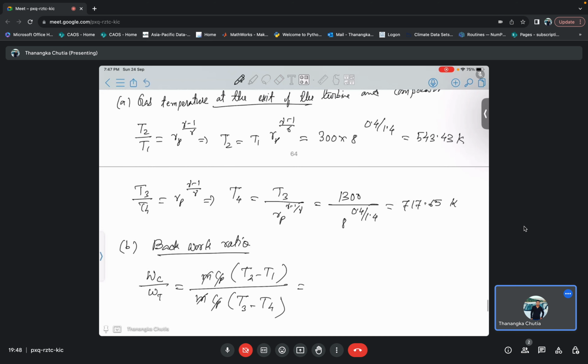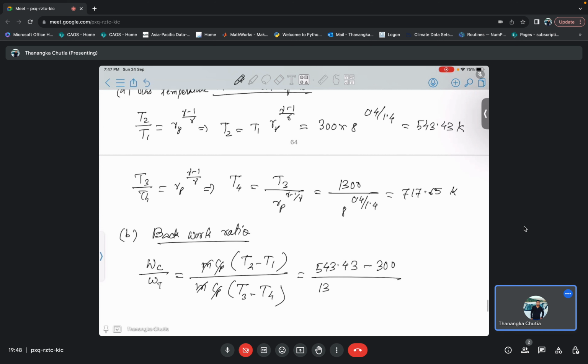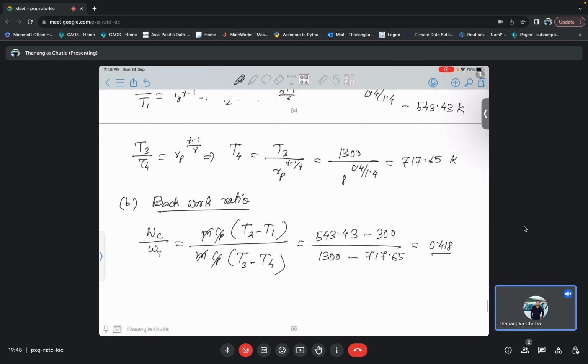So T2 is 543.43 minus 300, over 1300 minus 717.65, which gives 0.418.